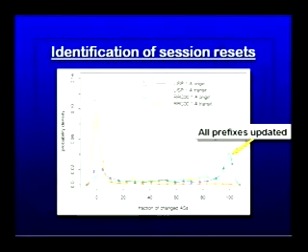And this is something like the validation for that. This is again a density plot. On the x-axis, we have the fraction of the prefixes associated with an AS which have been recently updated, and on the y-axis the probability. So in this case we distinguish between originating ASs and transiting ASs.